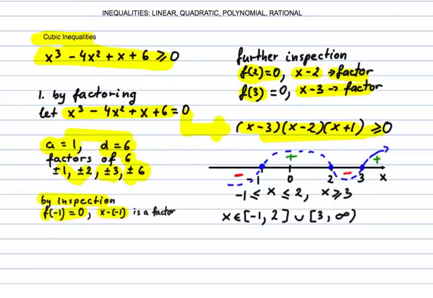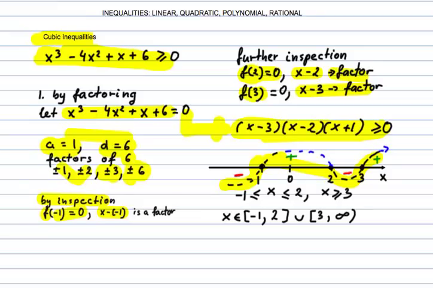To solve this inequality, we will be using the end behavior of a cubic polynomial. So you start from -infinity, then you bounce back to another x-intercept at 2, and then you have to turn around and move and cross at 3.